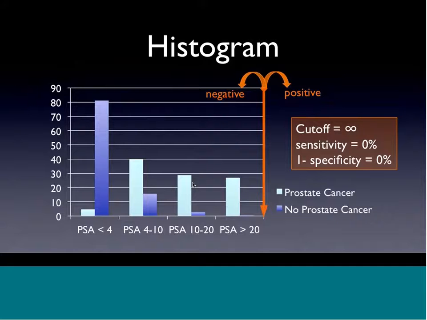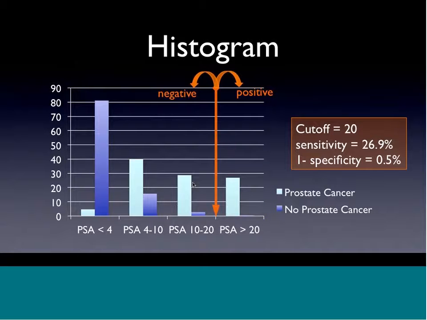So anything that is less than infinite will be negative. And we start moving that line to the side, changing the cutoff value. So now we're talking about a cutoff of 20. We're going to have a sensitivity of about 27%, 1 minus specificity of 0.5%. This was all calculated from the numbers I provided before. So a negative result is less than 20.